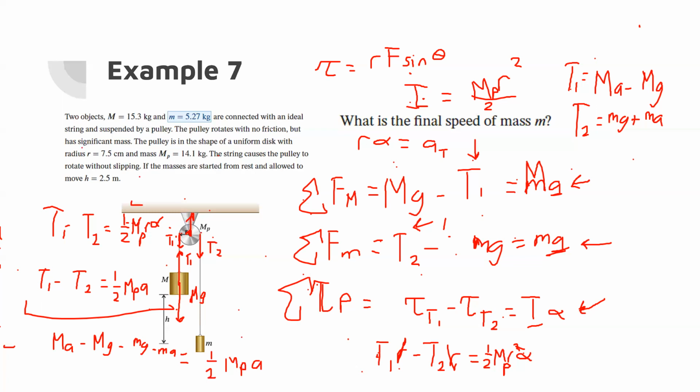And that will give me a is equal to, and let's see, I get negative mg plus ma, like this, or not ma, I think it's lowercase mg. Yep.